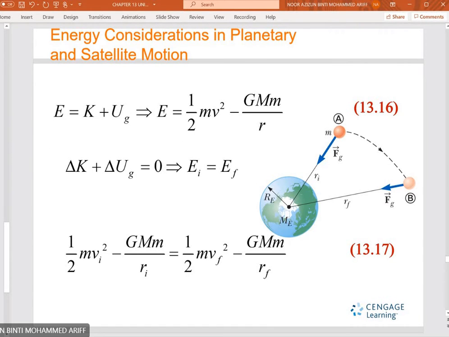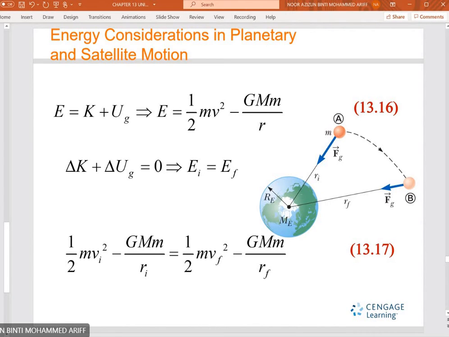Okay, and then if we bring the objects to the condition of planetary motion in terms of our universe, let's say I have this object here. Again, we are using the same figure, 13.10, as a particle of mass m moves from A to B above the Earth's surface, and the gravitational potential energy of the particle-Earth system changes according to the equation.